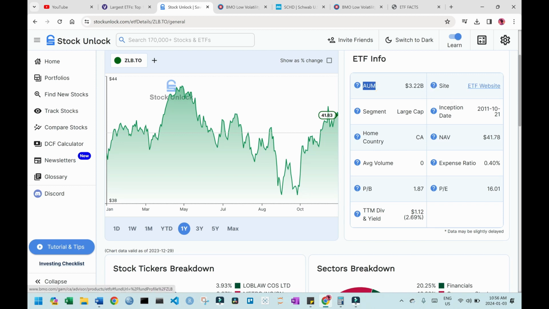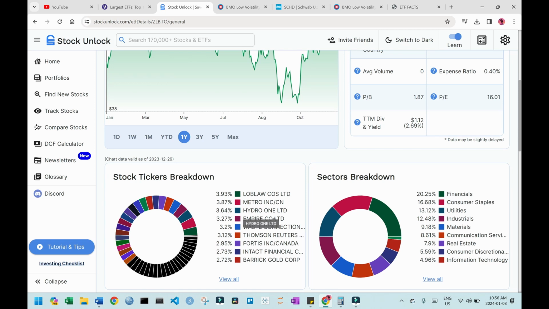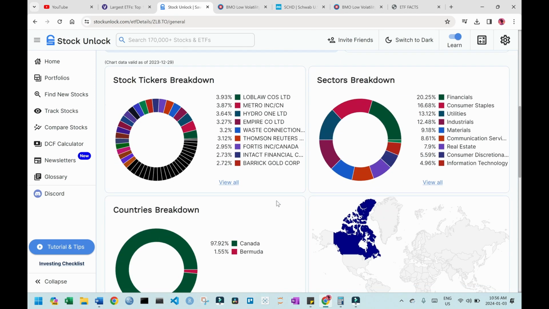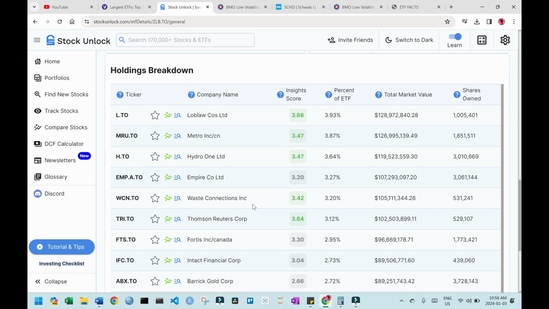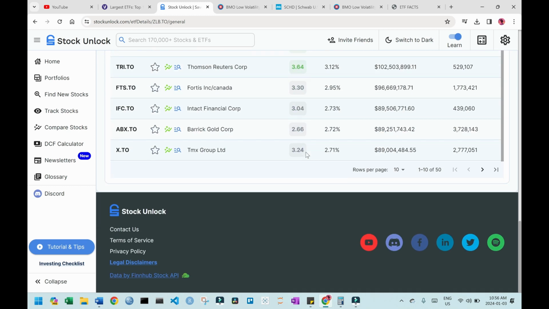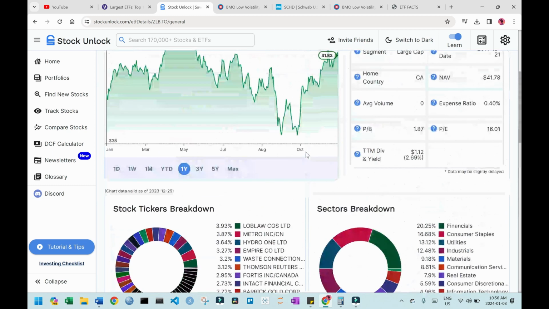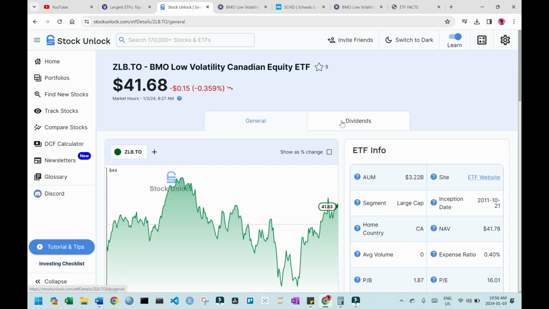It gives you the website link, the date, and other information, where it's invested in. I think this is an error, because we never saw this on the BMO website about Bermuda, but it's pretty much, I would say, 99% accurate in terms of the information that's presented.